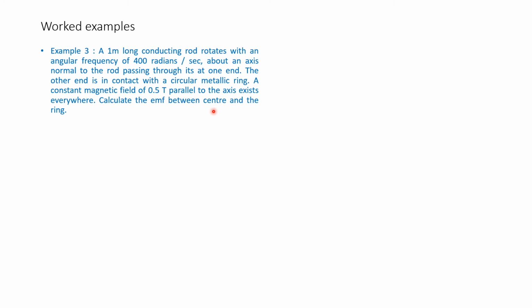The other end is in contact with a circular metallic ring. A constant magnetic field of 0.5 Tesla parallel to the axis exists everywhere. Calculate the EMF between the center and the ring. Please read the sentence.